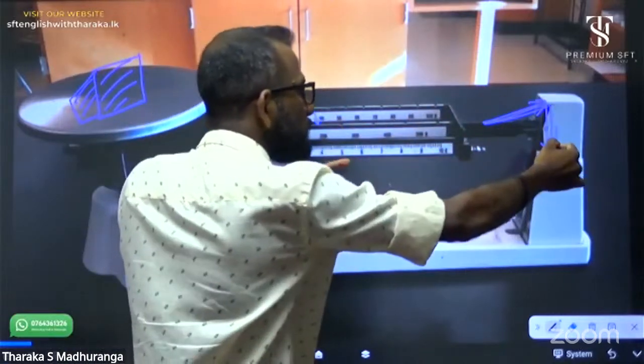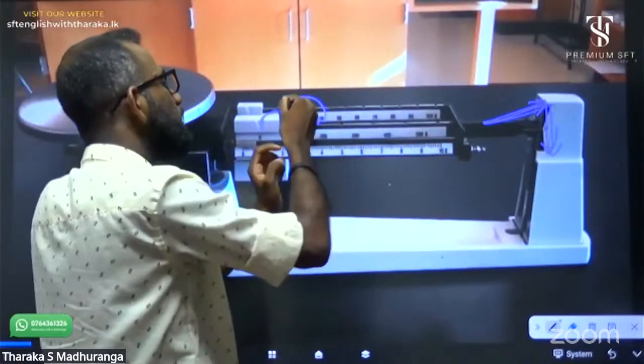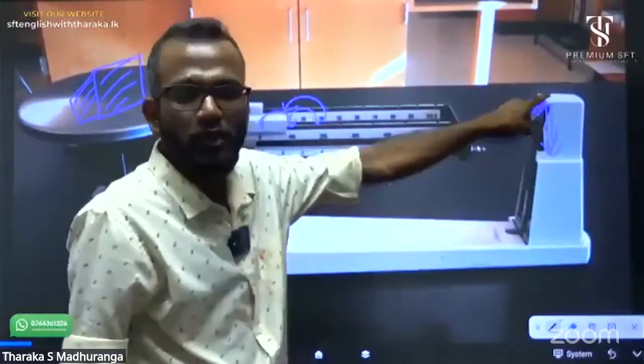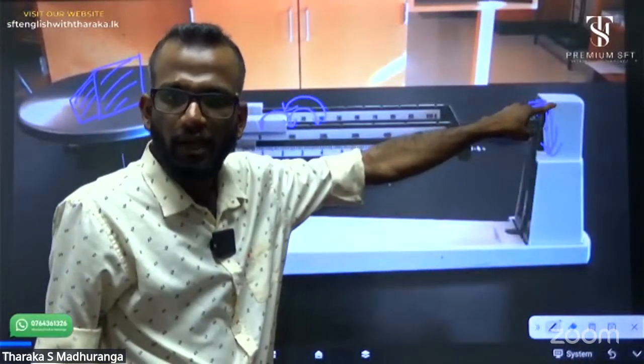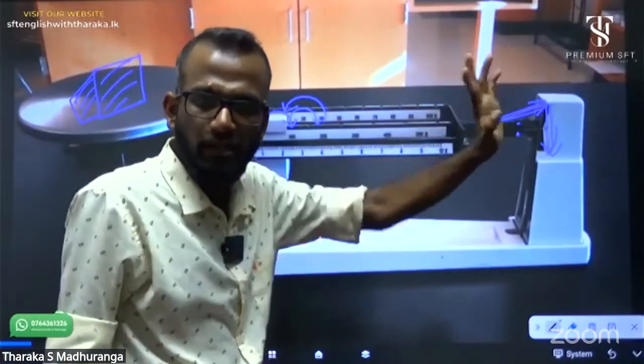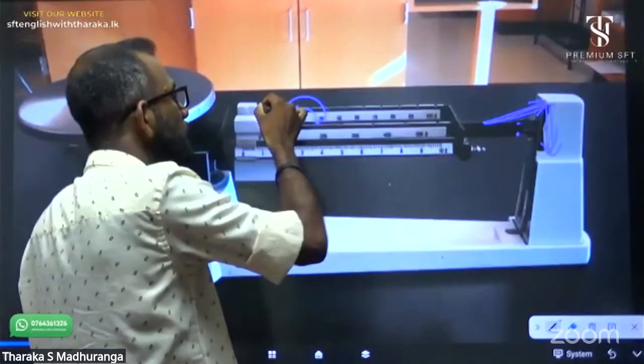When the pointer went downward, I went back to the previous value. Then the pointer again goes to the upper end. Understood? Next, go to the next heaviest mass, 10 gram.